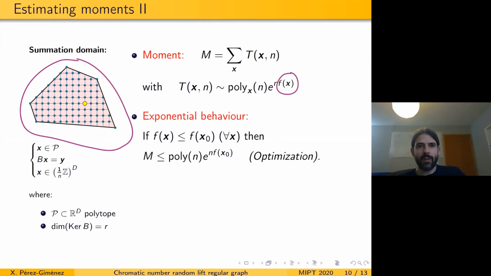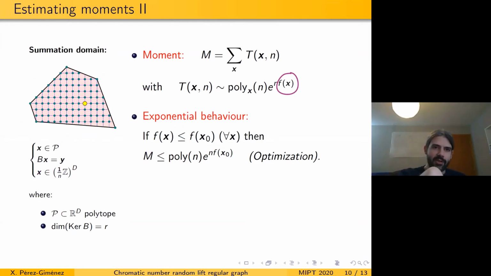So if you can optimize this function and show that it maximizes somewhere, and this maximum is unique, so it has a unique global maximum, then you're happy.